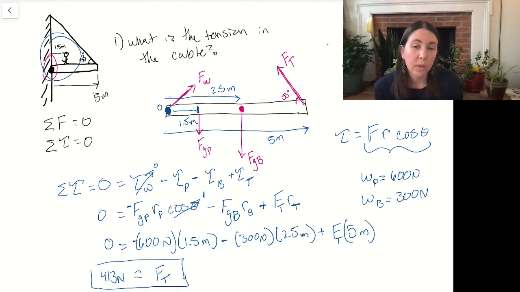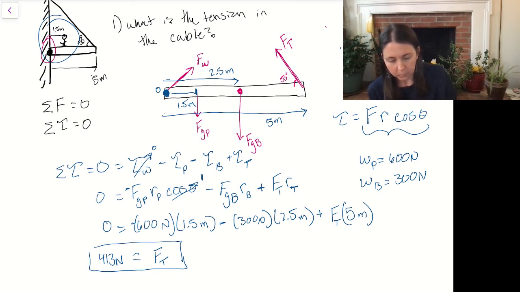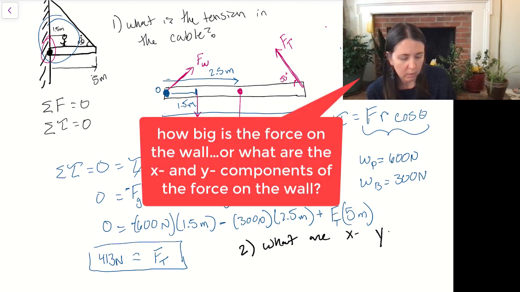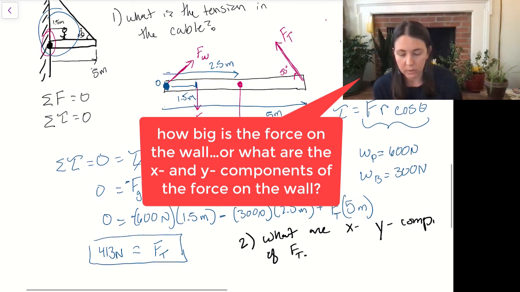If somebody really wanted to know, the second part of this problem was what are the X and Y components of the force of tension, it's at this point that we can sum the forces in the X direction and sum the forces in the Y direction.